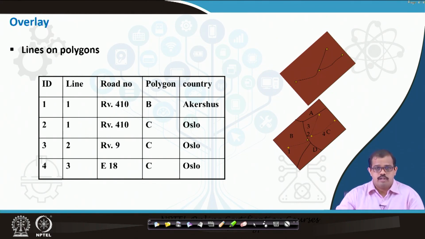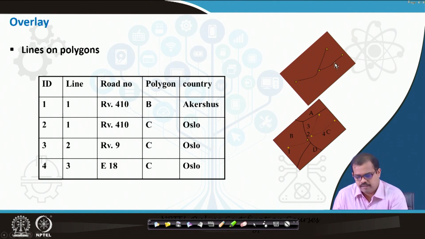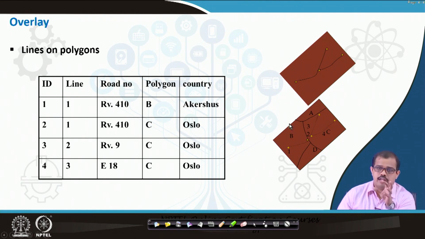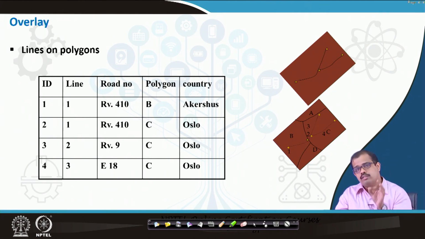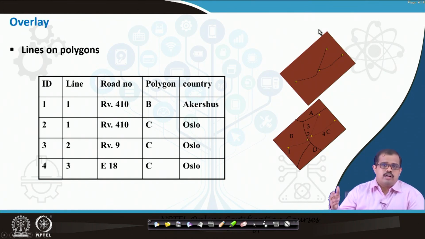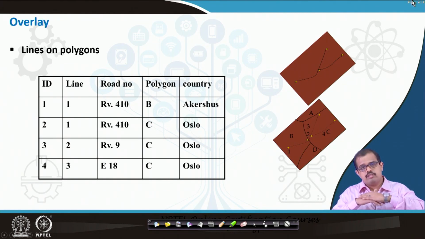Then you have lines on polygons. Let us say this is a road line and these are the different polygons. This is the one road line that is now proposed. Now I have to find out where this road goes and which areas are affected, whether that area is a protected forest, a protected area, a commercial area, or any of the houses, etc. So I will just overlay these lines on those polygons.